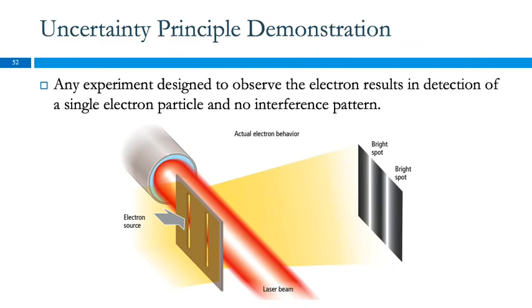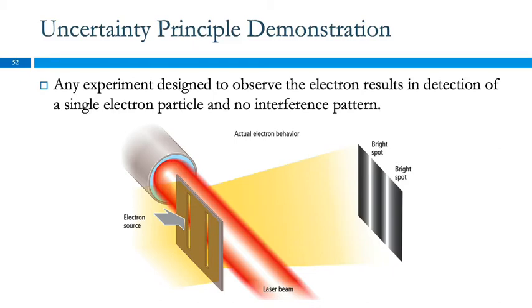So if we take that same experiment where we saw the diffraction pattern and we shine a laser beam across here, the laser beam allows us to detect which slit the electron particle goes through. If we can detect which slit the particle goes through and we can identify it as a particle, it will no longer behave like a wave, and we will see two bright lines instead of the interference pattern.